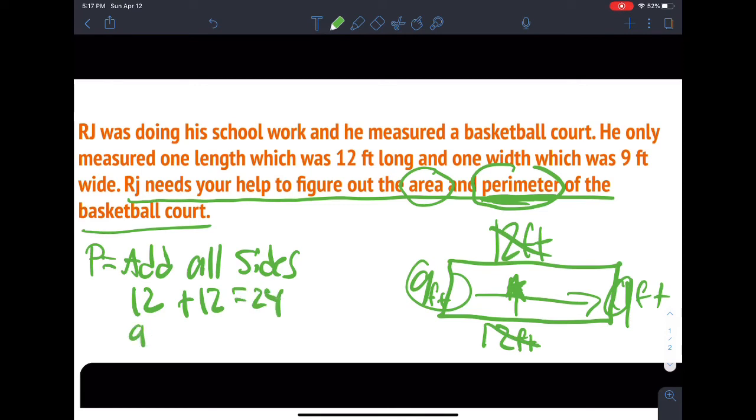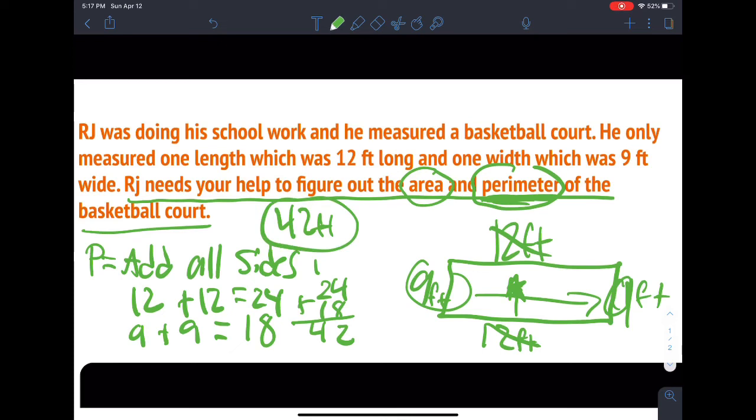Then we have 9 plus 9 equals 18. And then we have 24 plus 18 equals, 8 plus 4 is 12, regroup the 1, 42. The perimeter is 42 feet. Remember, the perimeter is the distance around the basketball court.